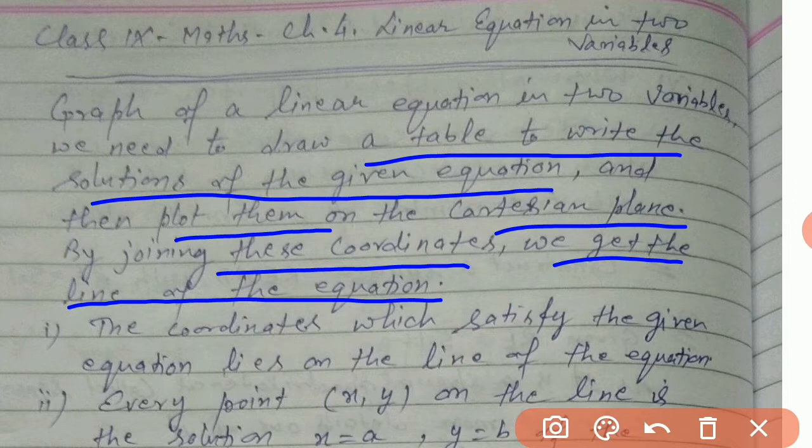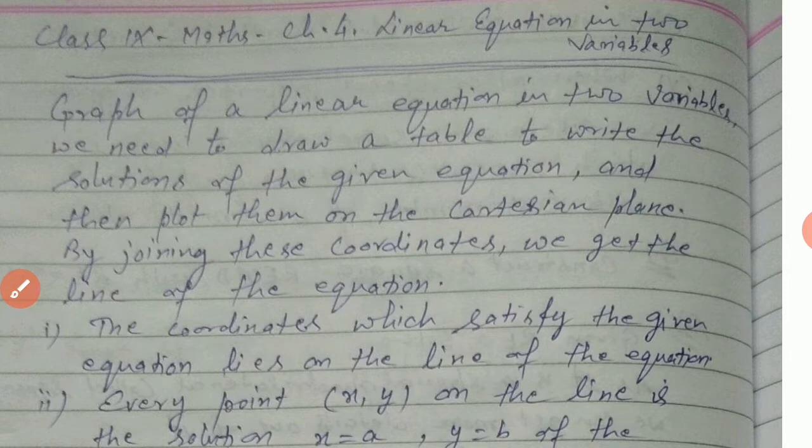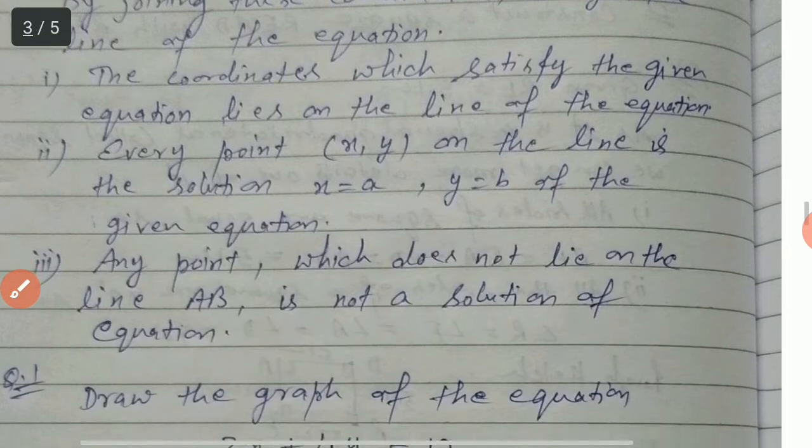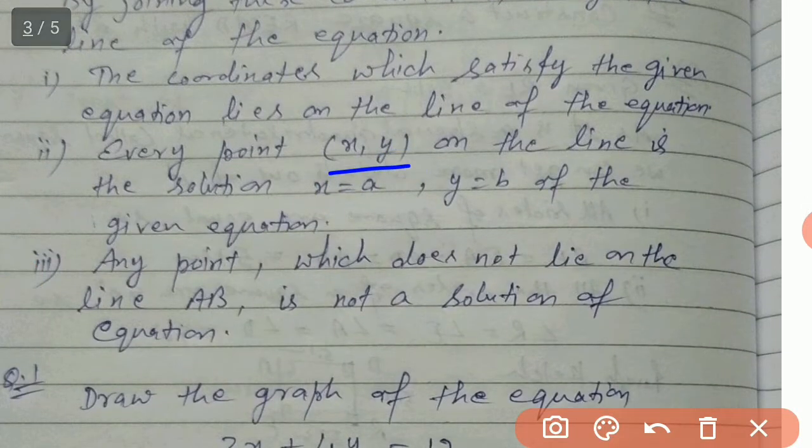The coordinates which satisfy the given equation lie on the line of the equation, and every point x, y on the line, x equal to a, y equal to b, is a solution of the given equation. Any point which does not lie on the line AB is not a solution of the equation.